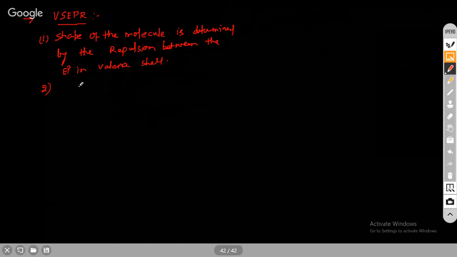The order of repulsion is this. First of all, we have lone pair repulsion, right? Then we have lone pair, and then we have bond pair. Lone pair-lone pair repulsion will be maximum, then lone pair-bond pair. The reason is lone pair of electrons occupy more space around the nucleus, so we have more repulsion.